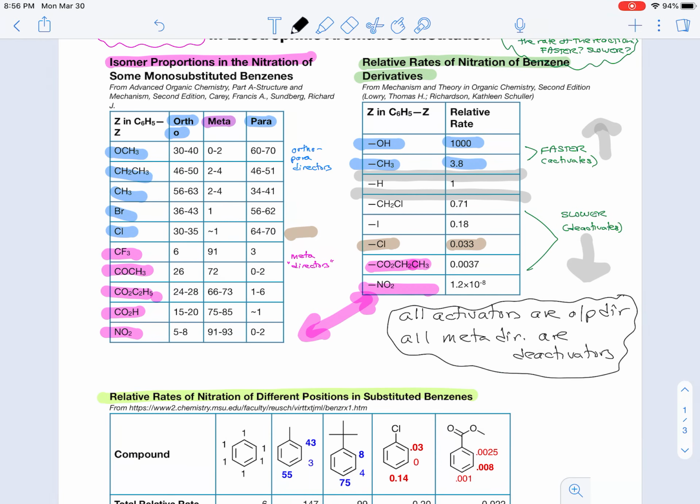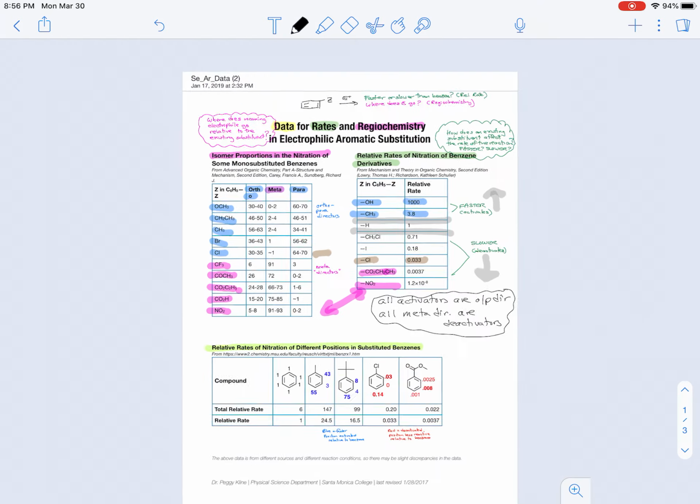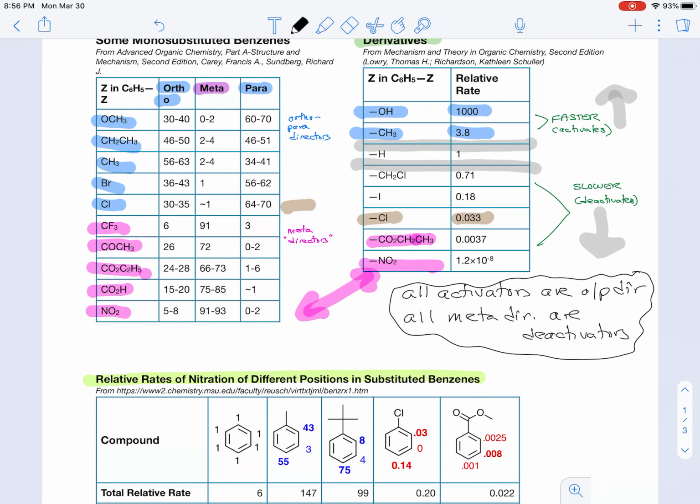My language there is very precise. I'm using a different subject each time. The reason for that precise language is that we have these halogens that are exceptions, not an exception to this, but an exception to the correlation between the directing effects and the rates.